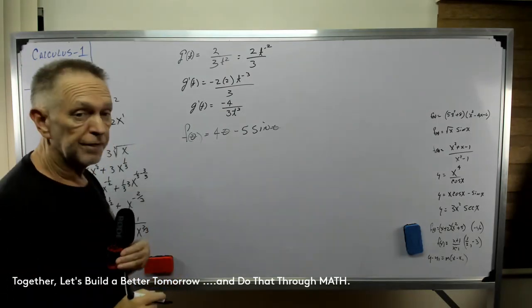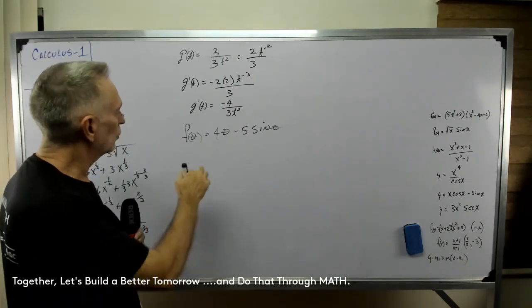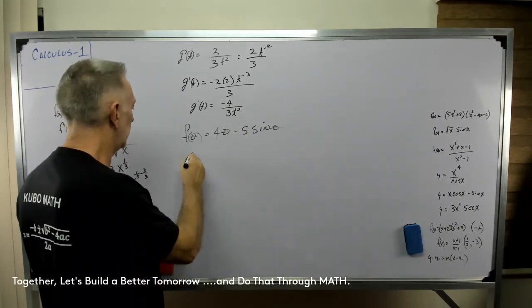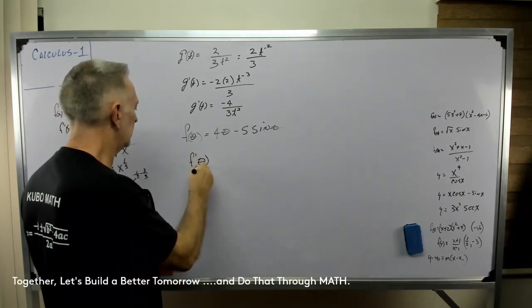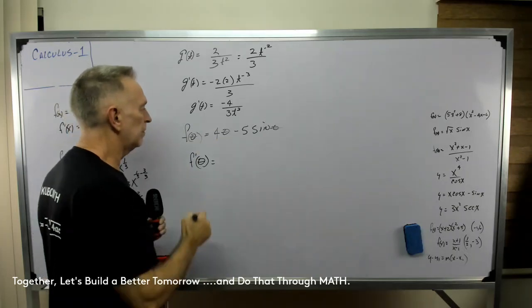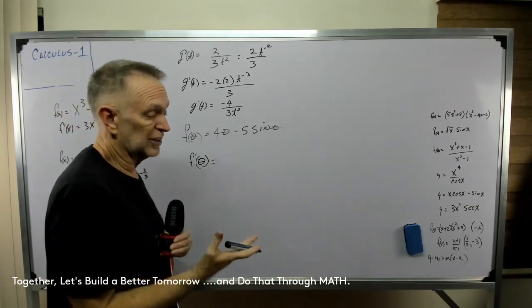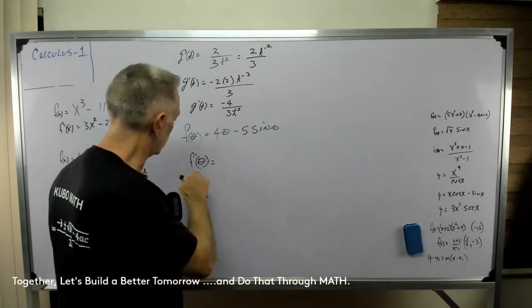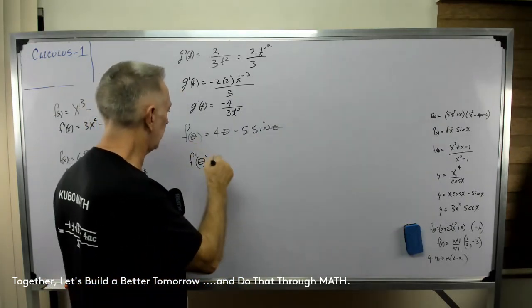All right, f of theta equals 4 theta minus 5 sine theta. So f prime of theta equals the derivative of 4 theta, which would be just like taking the derivative of 4x. It's just 4, since we're doing this with respect to theta.